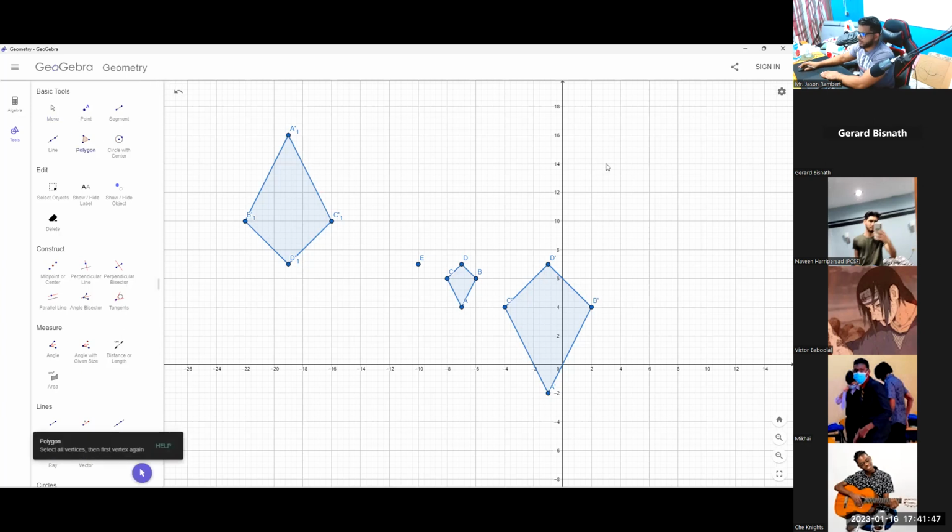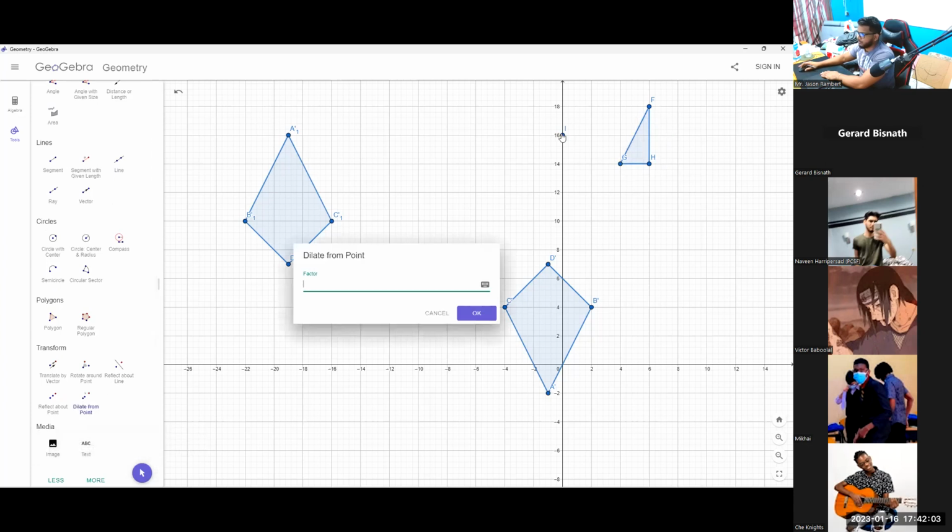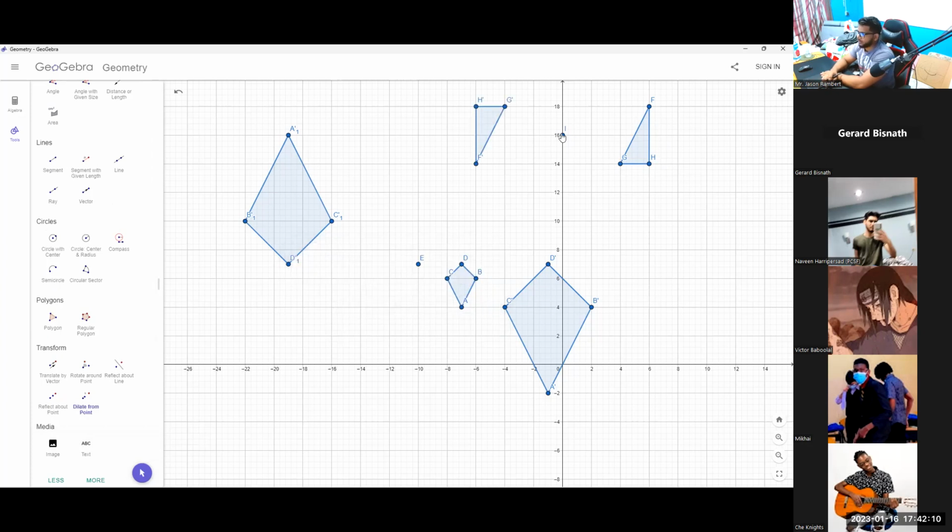I'm going to try something here. We have a right angle triangle, a point here, and I'm going on -1. Let me try dilating from -1. It should be on the other side, and it's rotated.